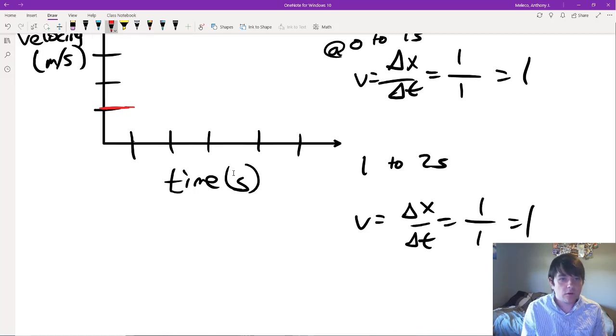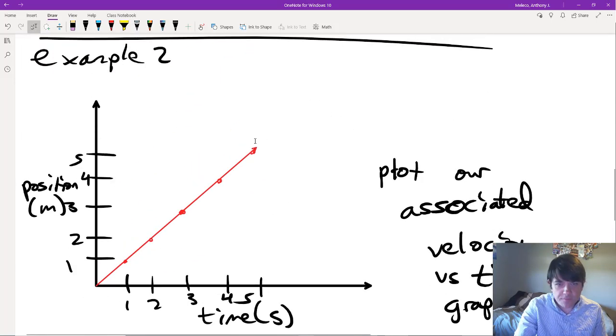And this will continue, because the next one we go up 1, over 1, up 1, over 1, up 1, over 1. And so our velocity versus time graph looks like this. And so you must be seeing from this, the slope of this line is 1.